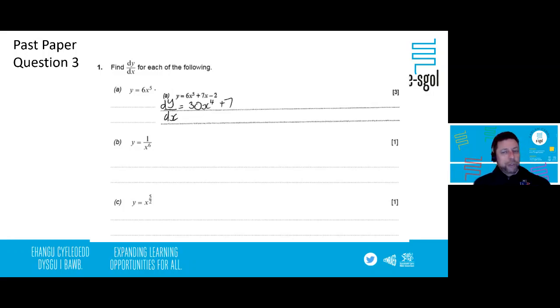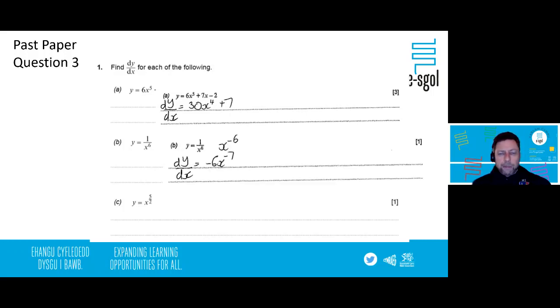Okay, the first answer is appearing now. Second answer, multiplied by the power, and the power decreases by 1.